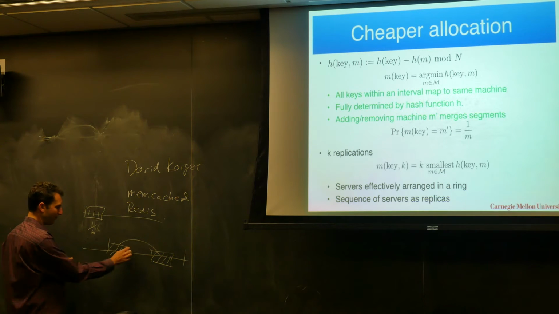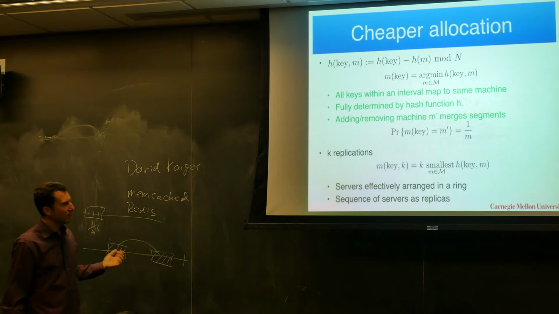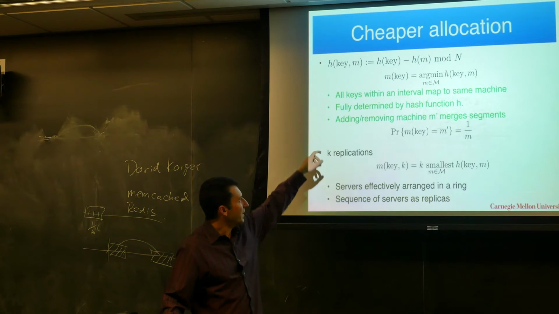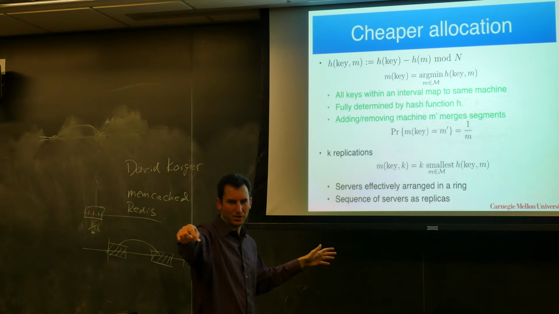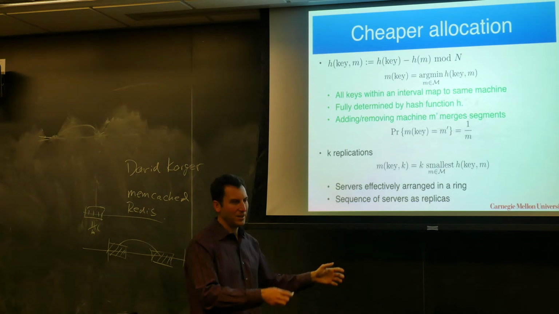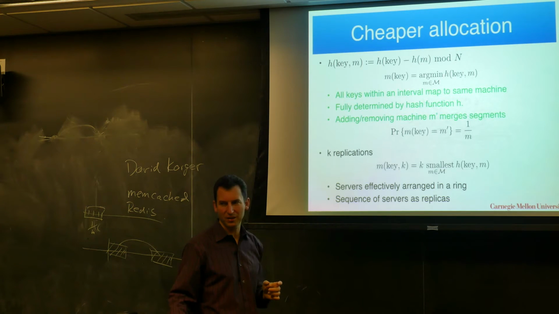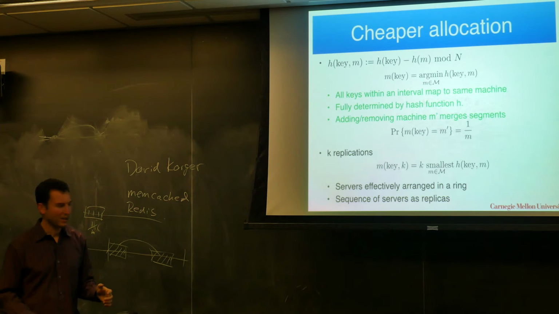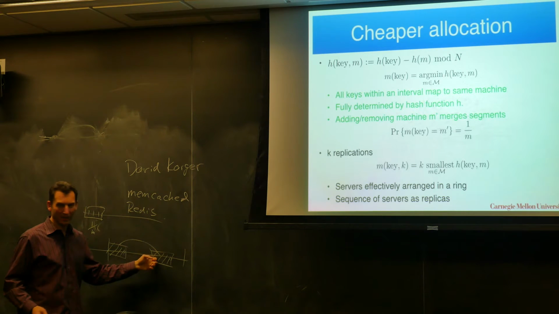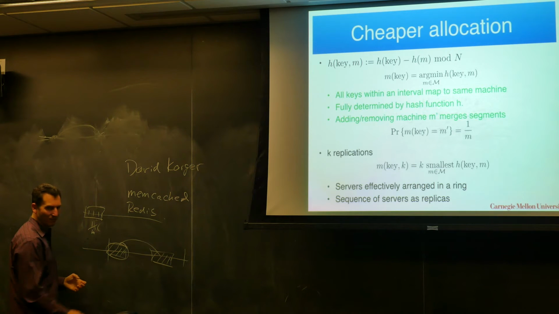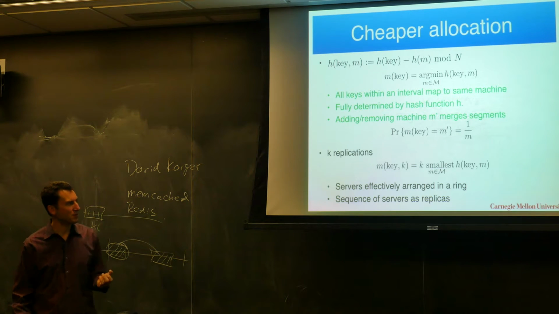So what that therefore means is that if I was to sort all the hash of keys in sequential order, I'd see that there is a contiguous range of keys that wins the contest for a particular machine. So now, I don't have to actually go and compute for all key and machine pairs what the hashes are. I just go and compute it for the keys once, and then I can find out exactly, minus machine, where it is. So it's much, much easier.